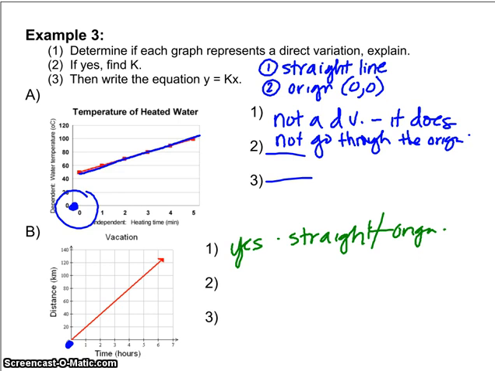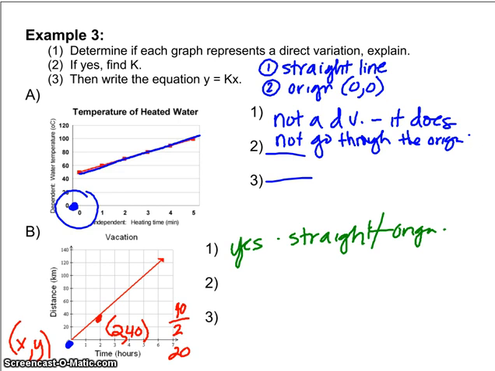For example, let's start with this data point, which is over 2 and up 40. Remember that your data pieces are always x comma y, so my x is 2 and my y is 40. So let's take the y value of 40 and divide it by the x value. So we're getting 20 as this k value.